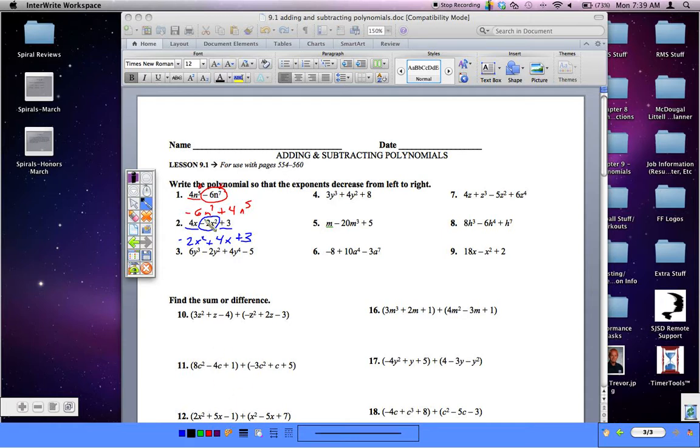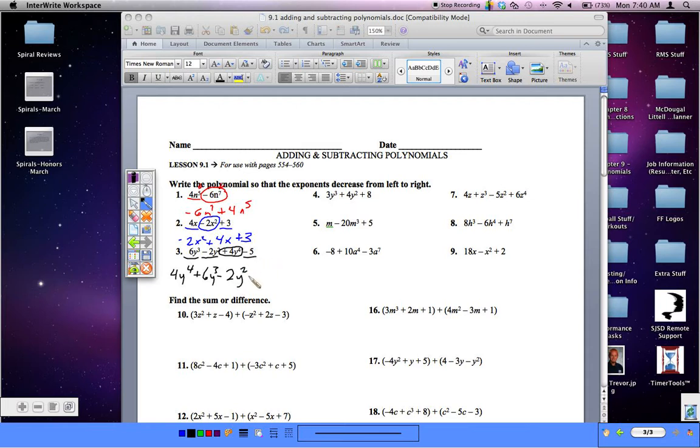Moving on to number 3. We have an exponent of 3, an exponent of 2, an exponent of 4, and then one that doesn't have any variables or exponents. So clearly, the first one here is the exponent of 4. 4y to the 4th. This is a positive 6y to the 3rd. Minus 2y squared.